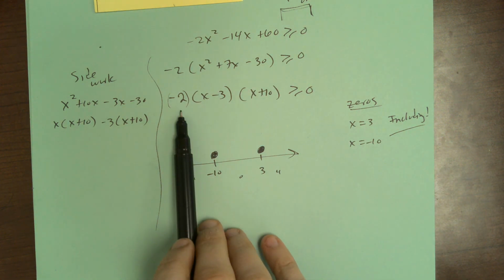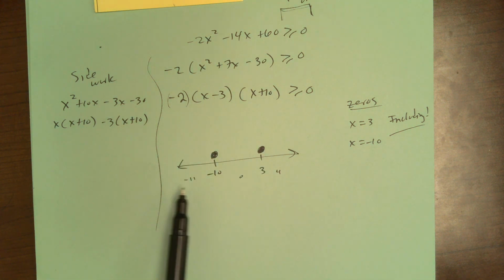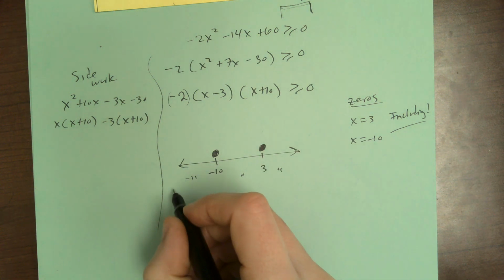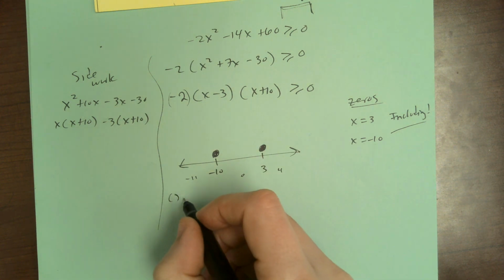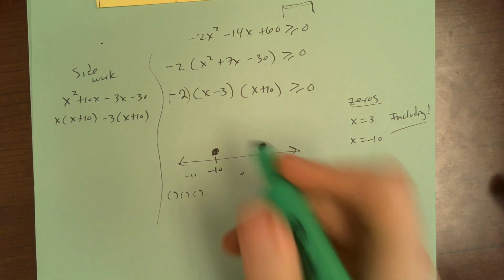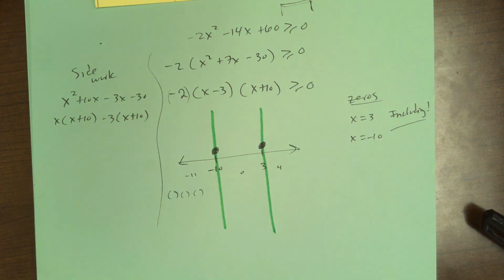And this first one, since there's no x with it, it's always going to be negative. So I've got these 3 parentheses, and I have to do this sign test for all 3 intervals. So I've got 1, 2, 3. Actually, guys, let me do this. I like to separate like that.